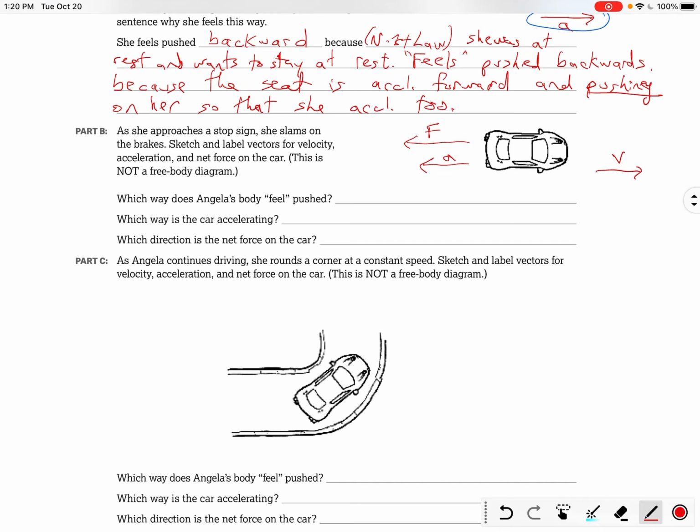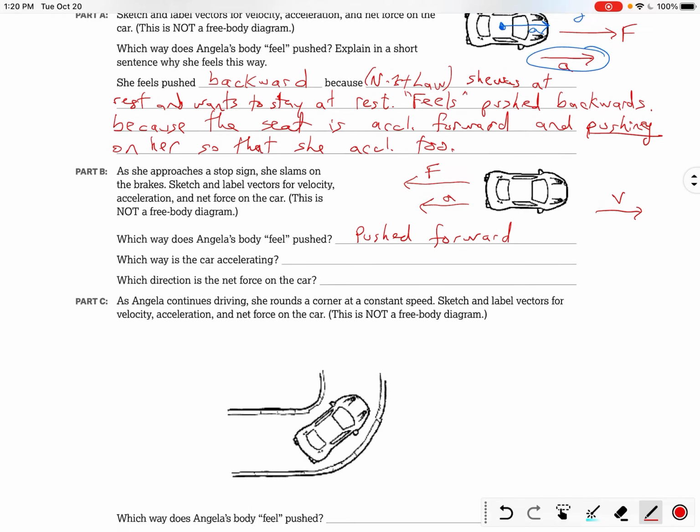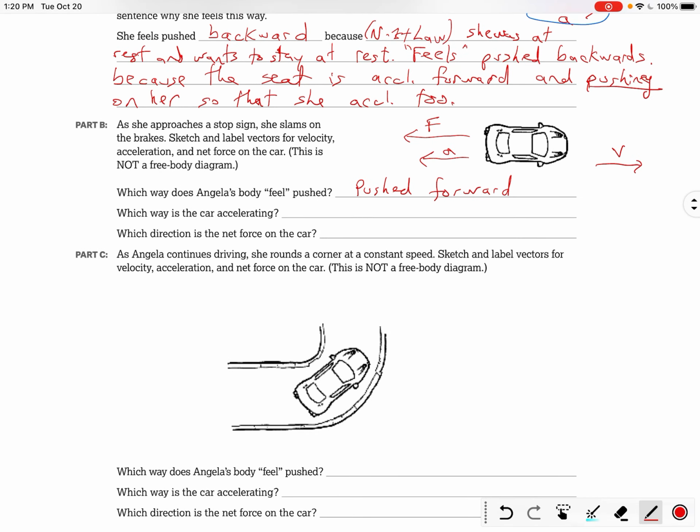Which way do you feel like you're being pushed when you're in a car and you slam on the brakes? You feel like you're being pushed forward. So using the same analysis that we used up here, if I feel like I'm being pushed forward, we know that the car is accelerating backwards.